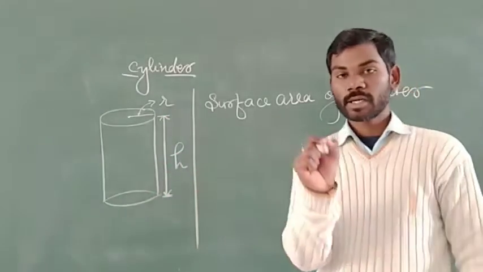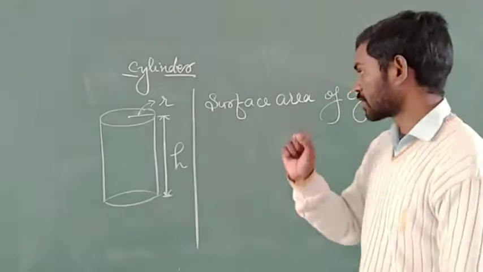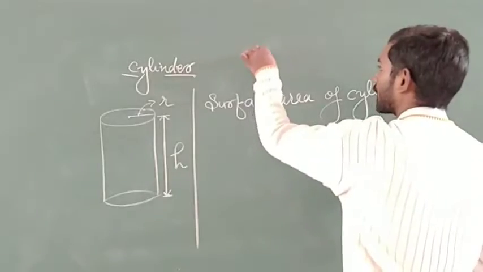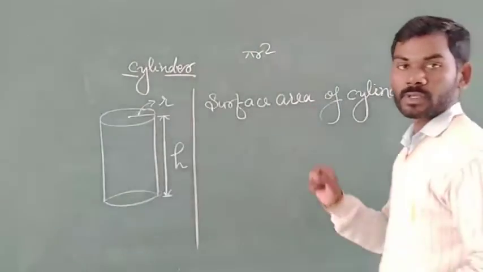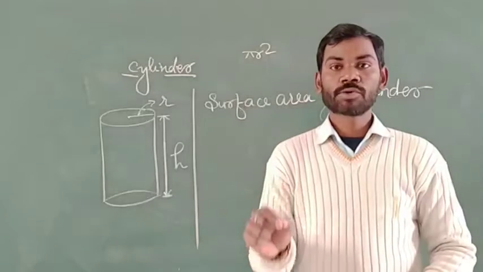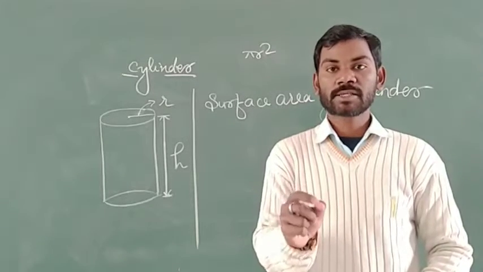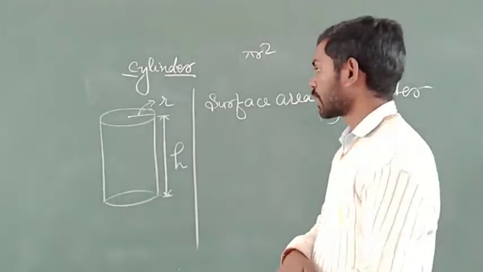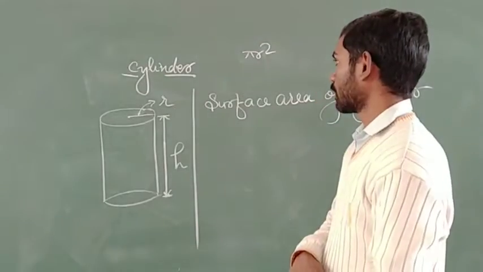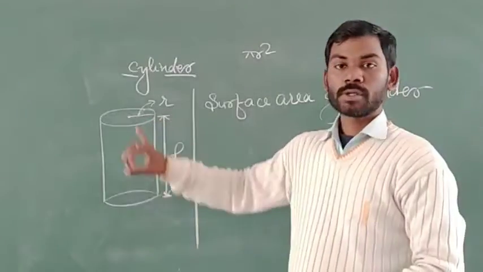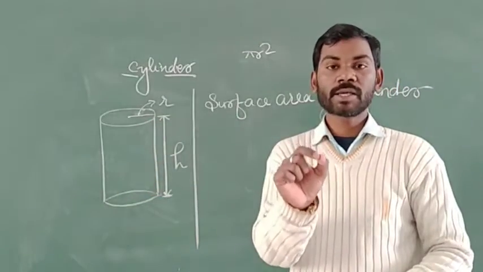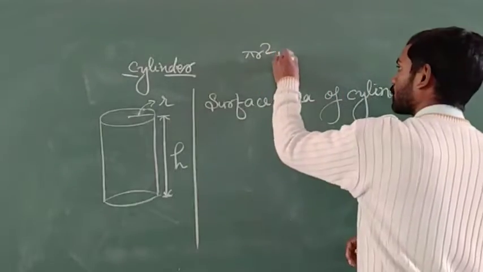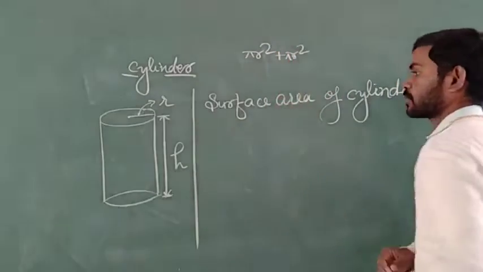Since the area of a circle is given by pi r square, and also I told you that a cylinder has circles as well as a rectangle. Therefore it has two circles. Therefore the area of the circular region will be pi r square plus pi r square.